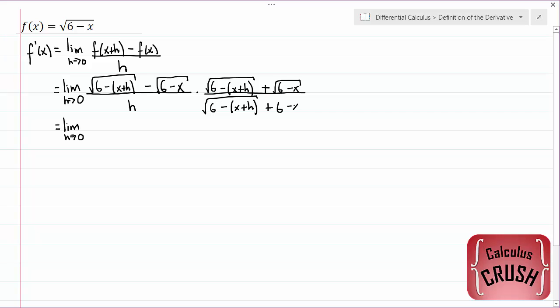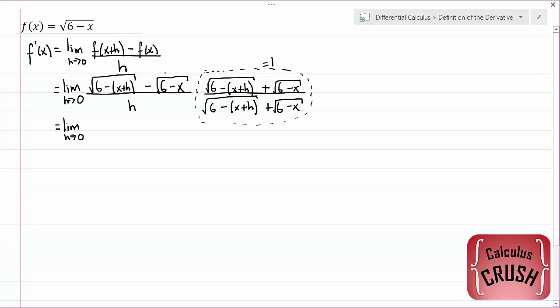So the square root of 6 minus x, and this entire term here, it's something divided by the exact same thing, so it's just equal to 1. So you can convince yourself that we're not actually changing this function here. We are only multiplying it by 1. We're doing it in kind of a fancy way.